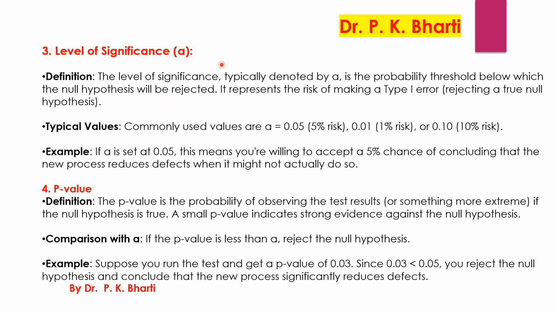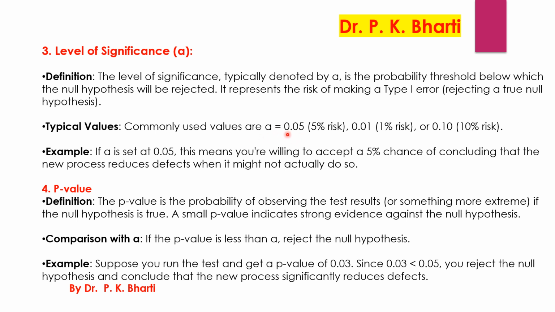Level of significance, alpha. The level of significance, typically denoted by alpha, is the probability threshold below which the null hypothesis will be rejected. It represents the risk of making a type 1 error, that is, rejecting a true null hypothesis. Typical values of alpha are 0.05, 0.01, 0.10.